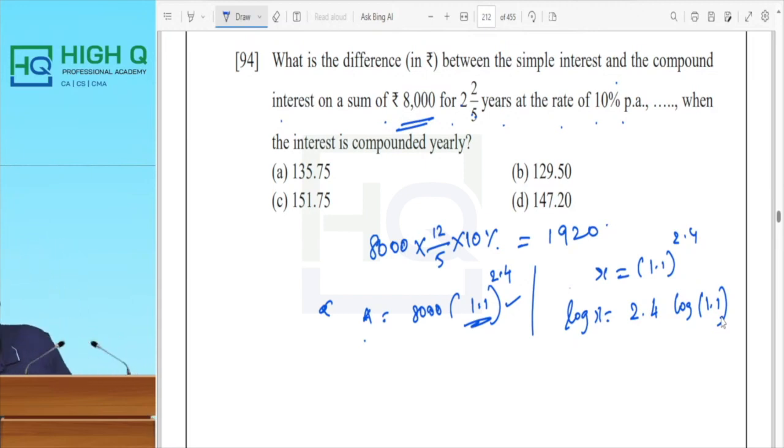They have to give it. Let me check why this value is not given. This value they are supposed to give, but they did not give.